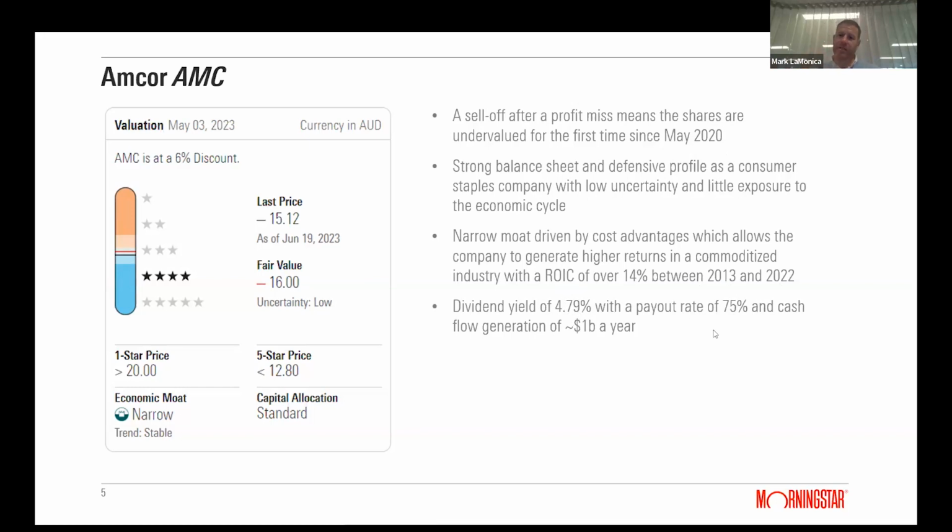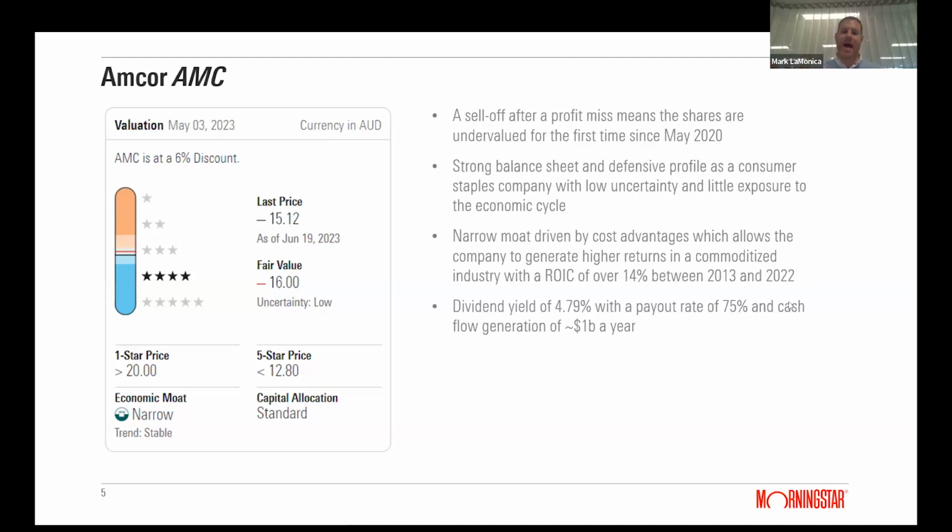How much of their earnings do they pay out? Well, they're only paying out 75%. So what does that mean? Well, in a real sense, the company certainly wants to use cash to do other things, but earnings could fall 25% and they could still have coverage over that dividend and maintain that dividend, because the last thing we want is dividend cuts.